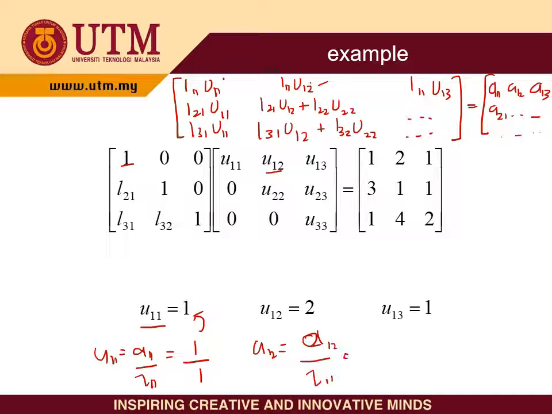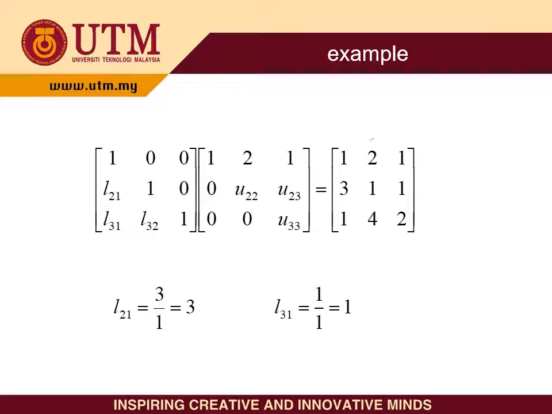So the answer is 2 divided by 1. For U13, this is the equation: A13 divided by L11. L11 is still 1 here, so 1 divided by 1. So you get this answer.